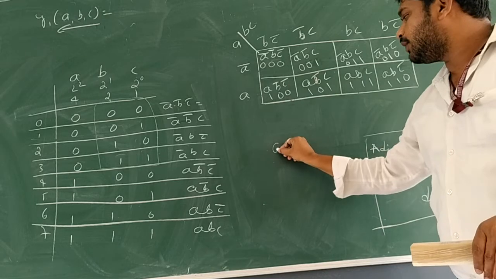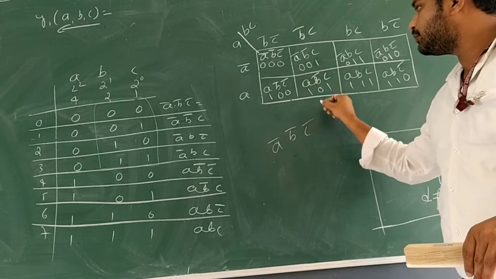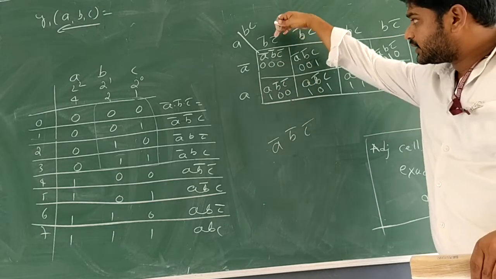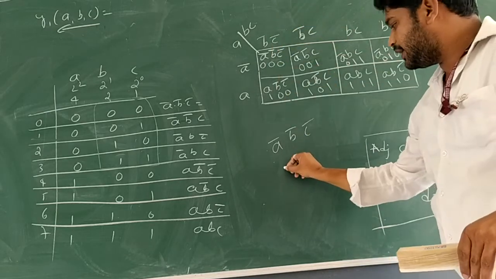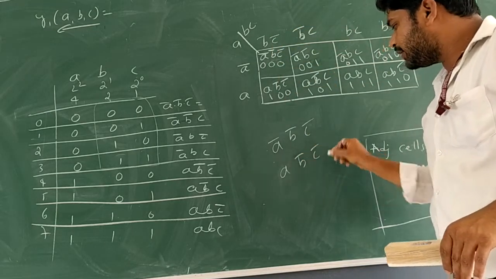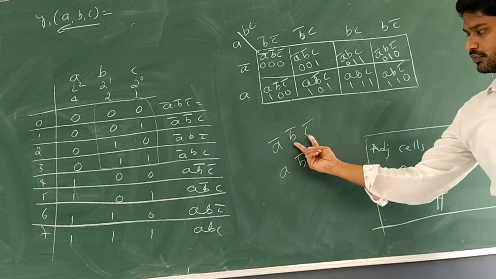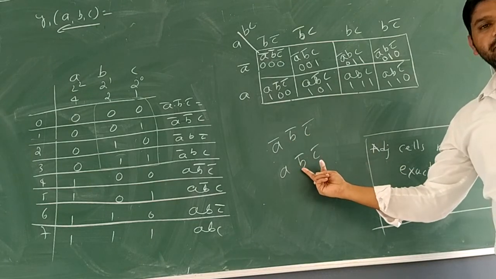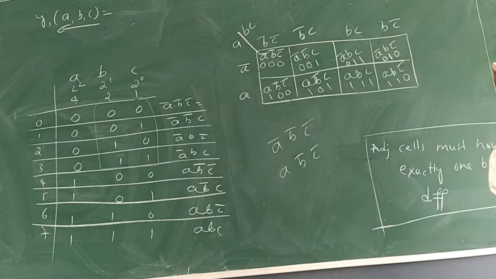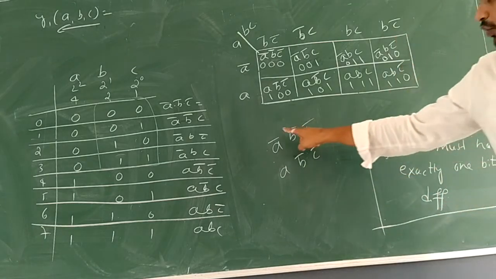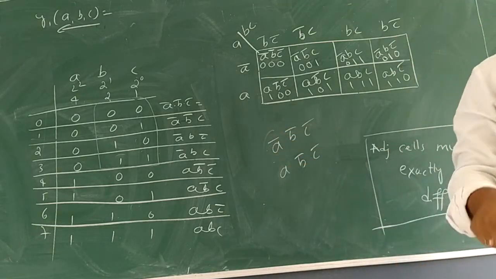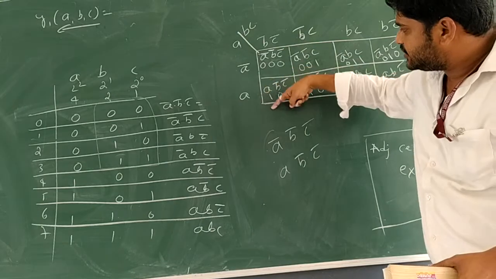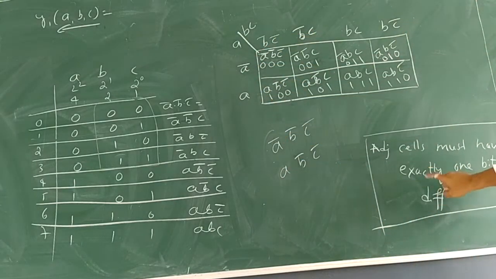One is A complement, B complement, C complement. Vertical means like this: A with B complement, C complement. See now, B complement, B complement, C complement, C complement. Two similarities. Only the change is in A. Hence, these are considered adjacent.